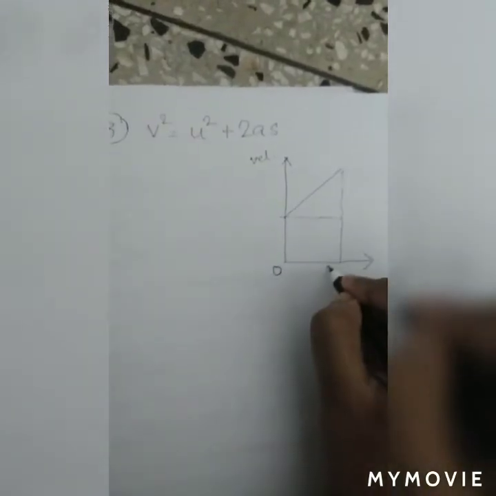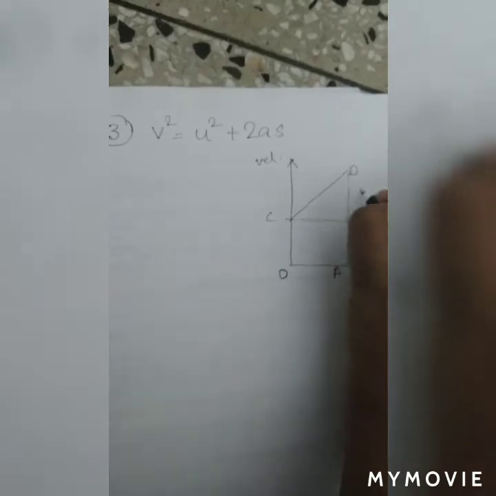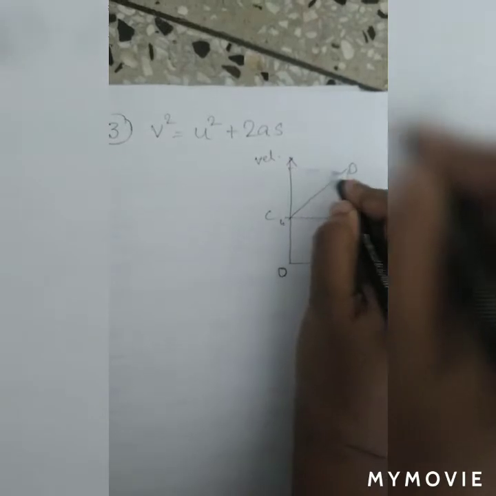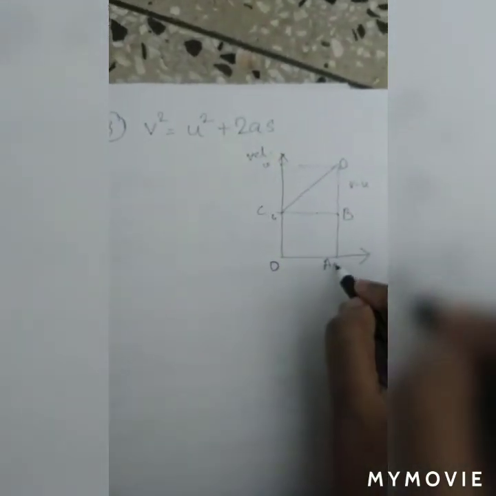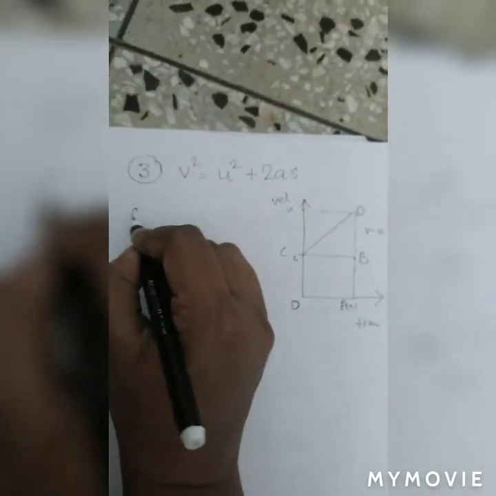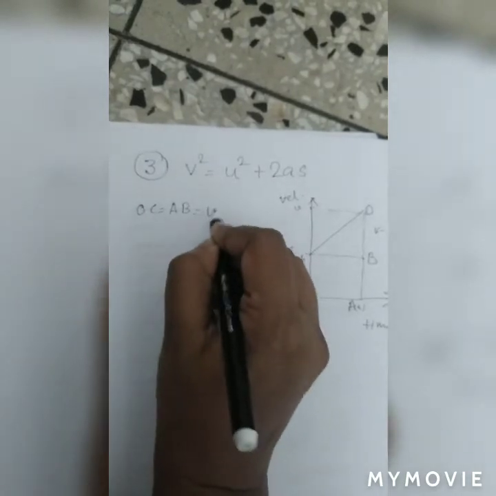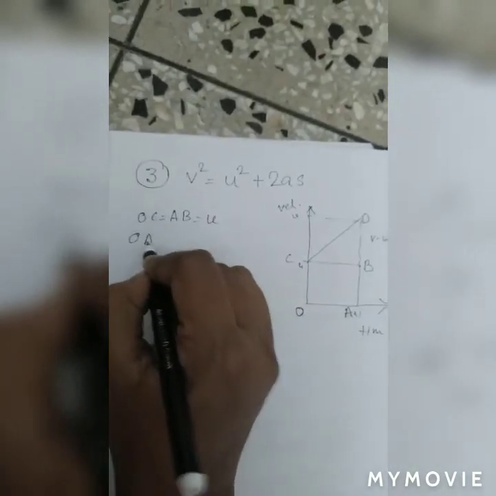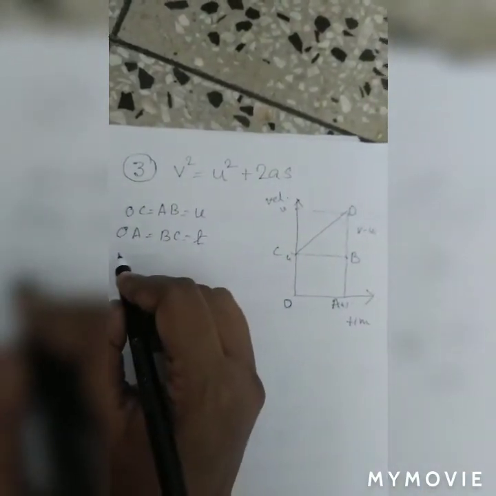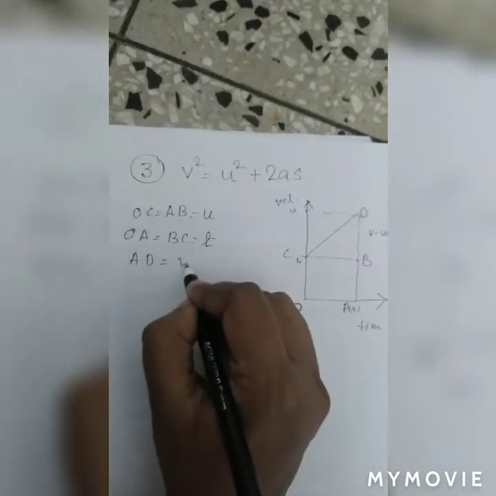O, A, B, C, D. This is V minus U. This is U. This is V. And this is T. So we already had OC is equal to AB, that is equal to U. We had OA is equal to BC, that is equal to T.